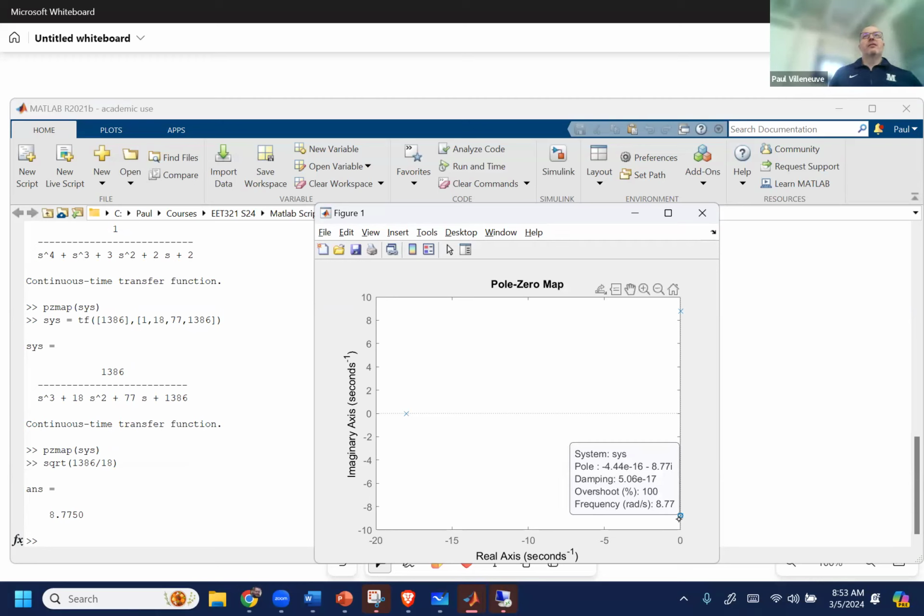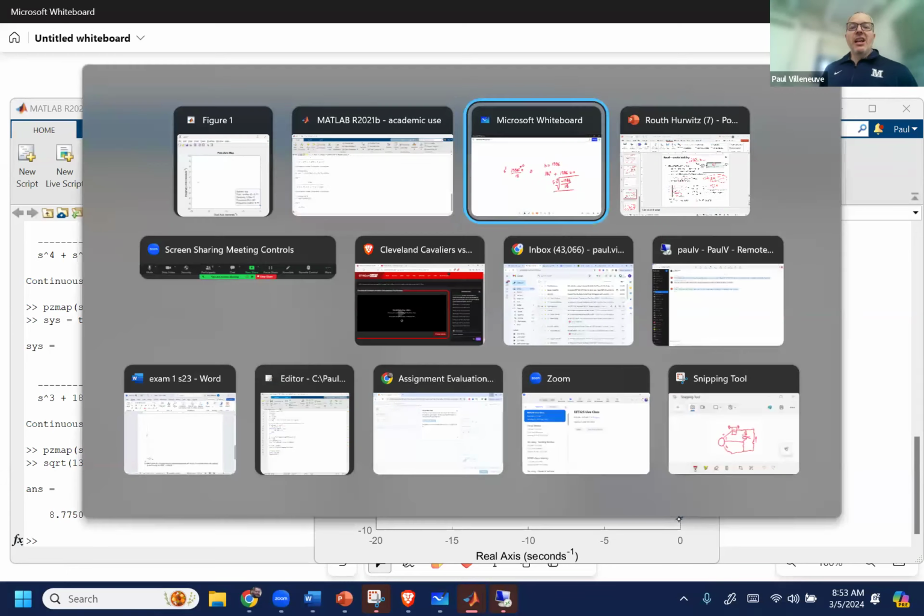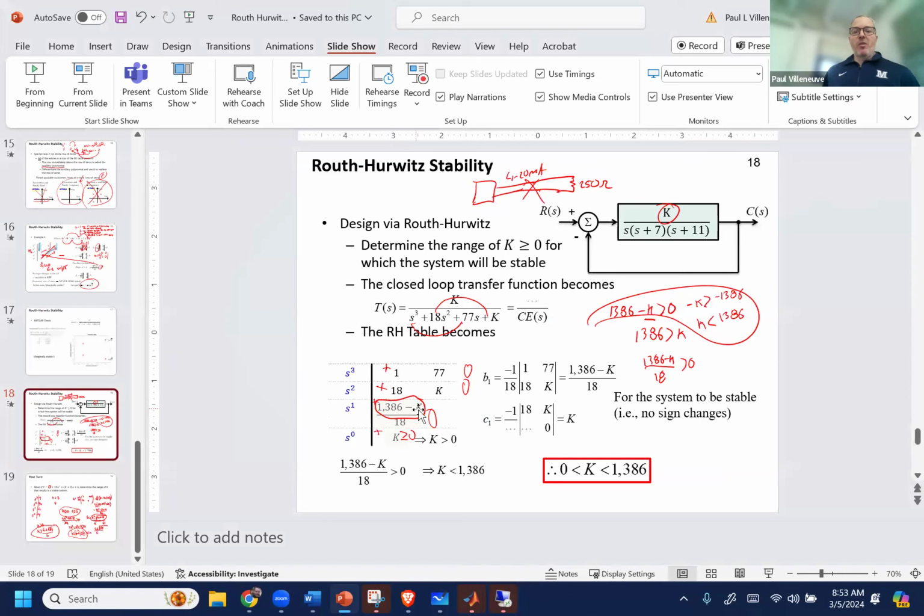How did I do? MATLAB says 8.77, and I had 8.775, so we're pretty close. So we can check MATLAB and see if they're wrong. We can always do the auxiliary equation. The only time you will have an auxiliary equation is if you have a row of zeros. I forced this to be a row of zeros by making k equal to 1386.